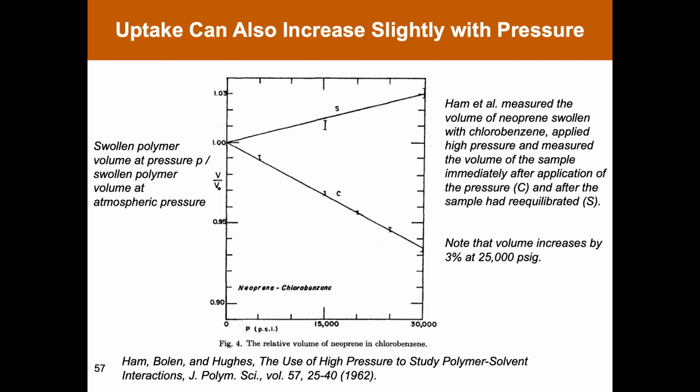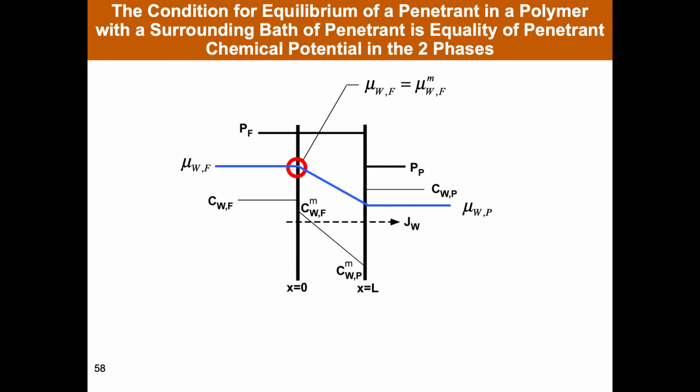Thank you. The chemical engineers in the room are going to set the chemical potential in the surrounding solvent equal to that in the membrane at thermodynamic equilibrium. And we'll come back to the water case as we go into this.